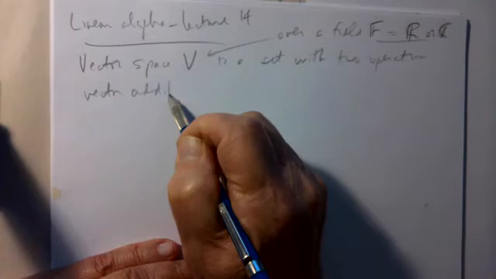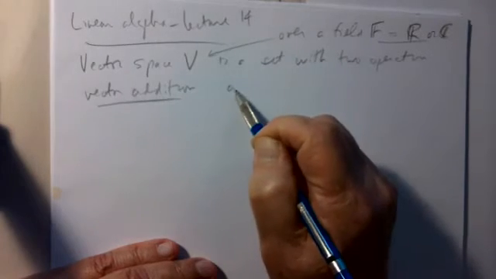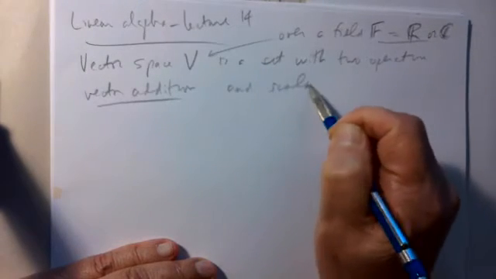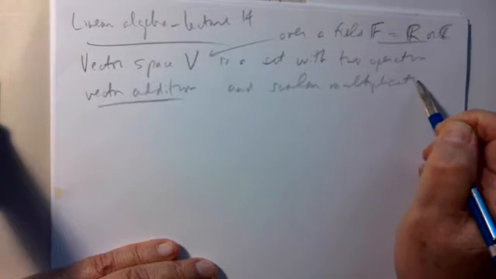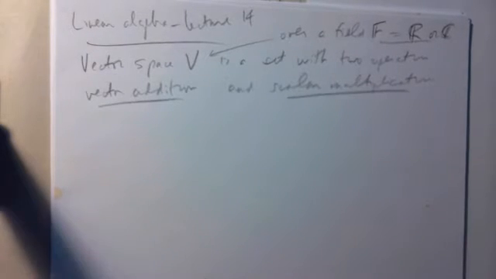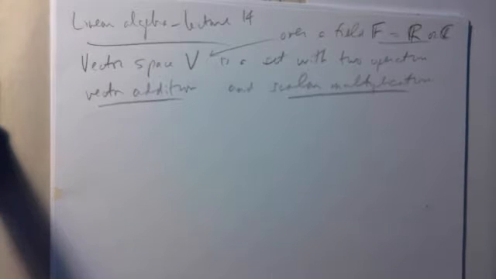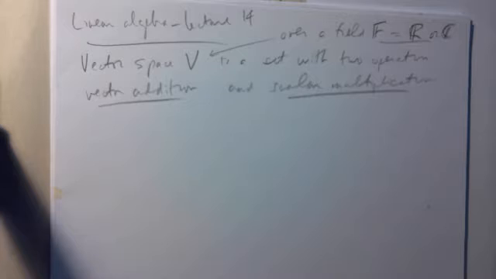We can add vectors. We have vector addition, and we have scalar multiplication. I've written down a couple of times the properties that vector addition and scalar multiplication have to satisfy, so I don't need to do it again.